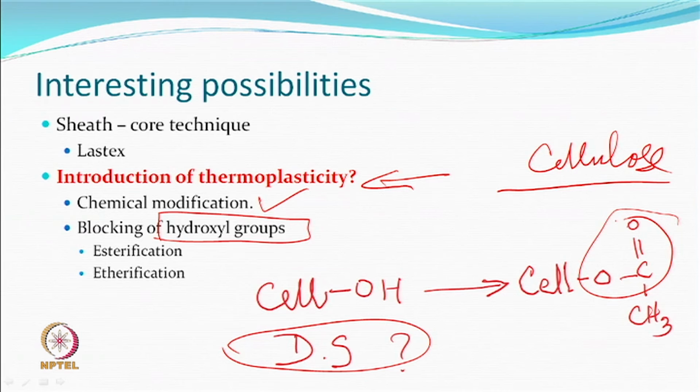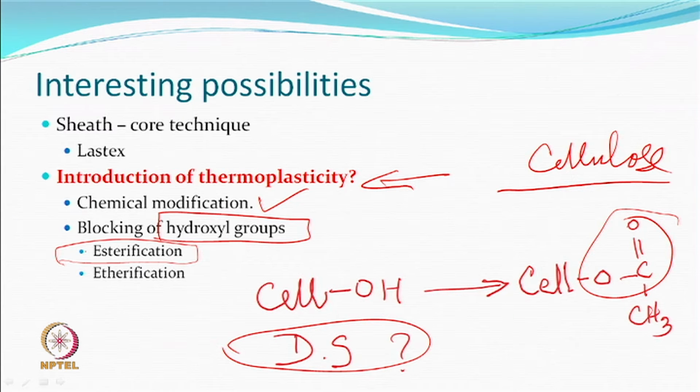So, the trick is that you do not change too much, change just enough to give you some response to heat, and therefore, this was one of the methods people tried: chemical modification by blocking hydroxyl groups, first by esterification, which they were quite familiar with.